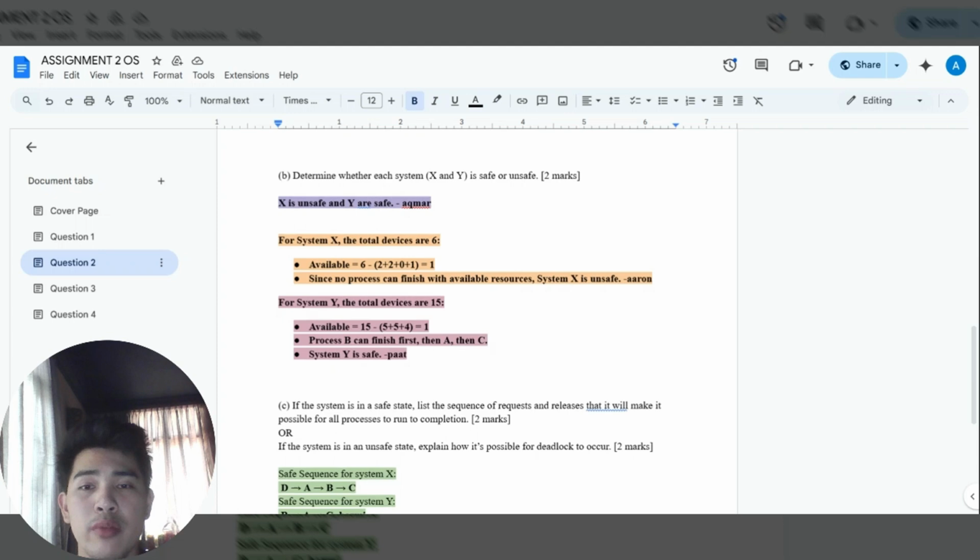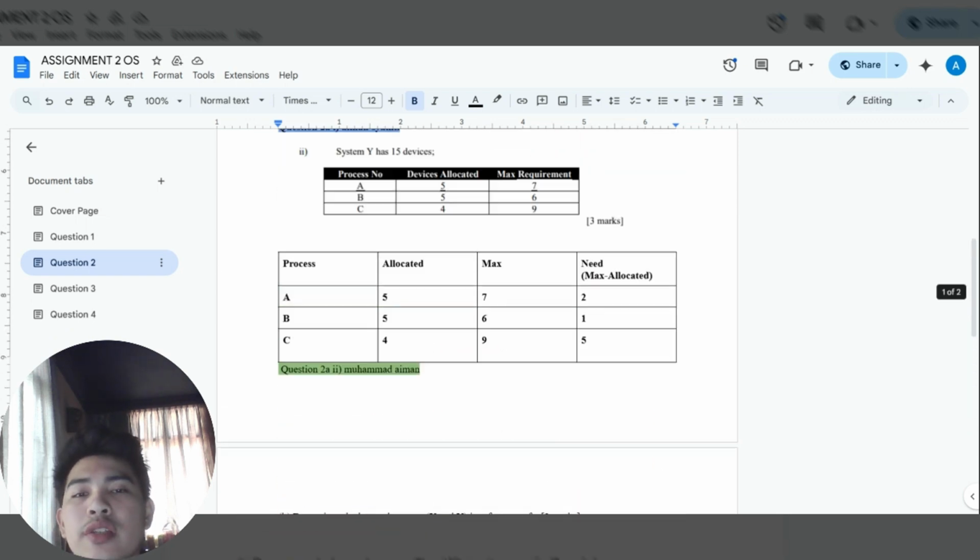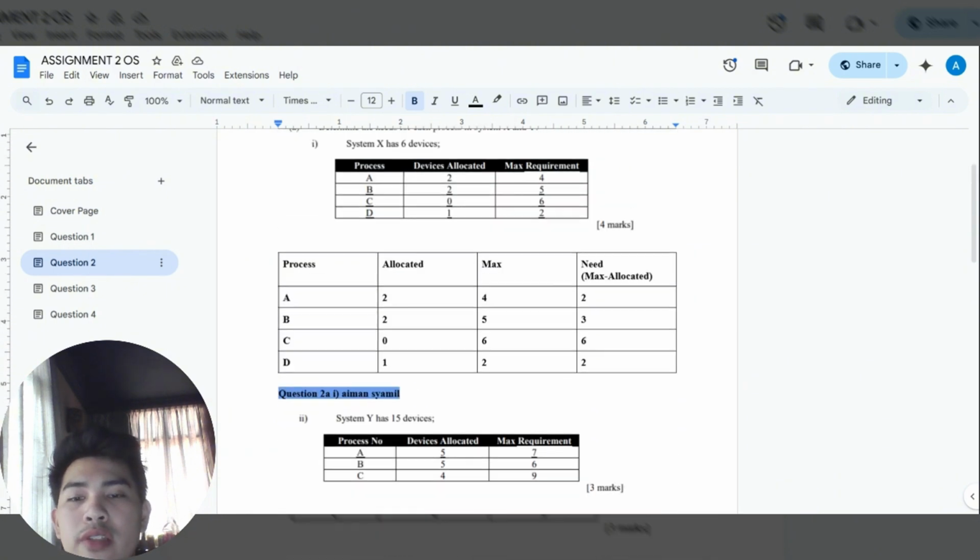So, I will be explaining question 2. I'll be explaining further for question 1, specifically B, which is to determine whether X and Y are safe or unsafe. So basically, what you have to do first is calculate the total number of devices.